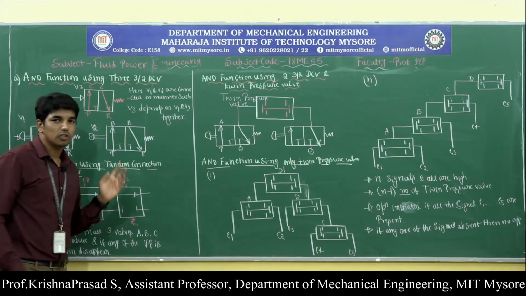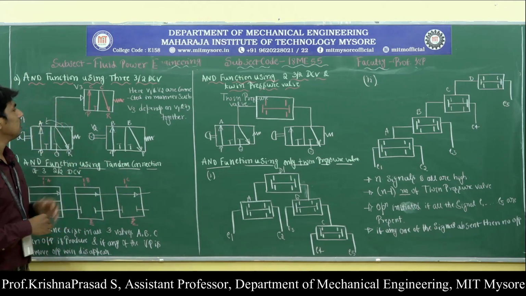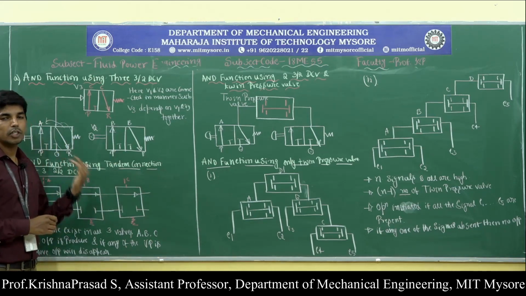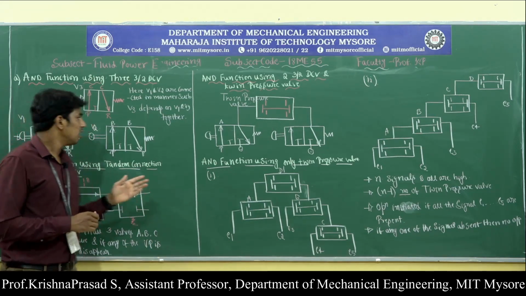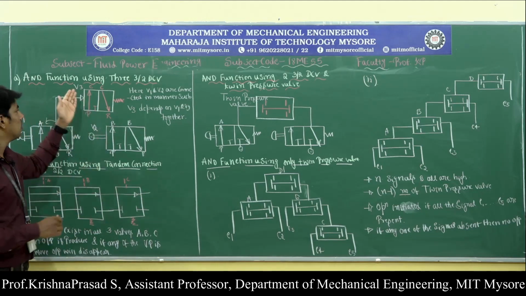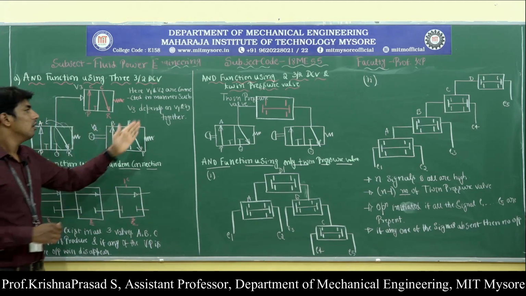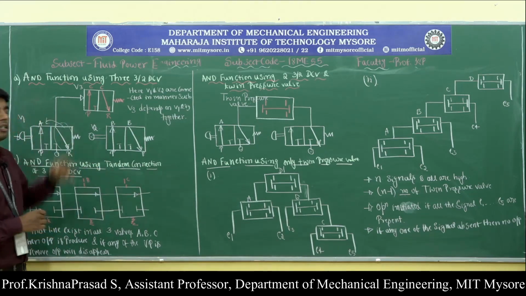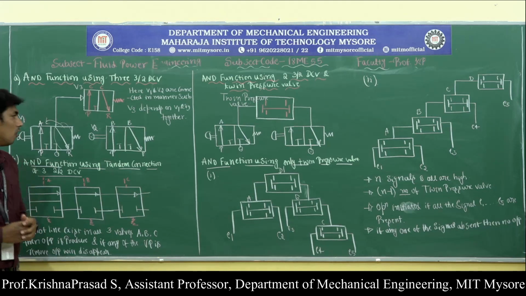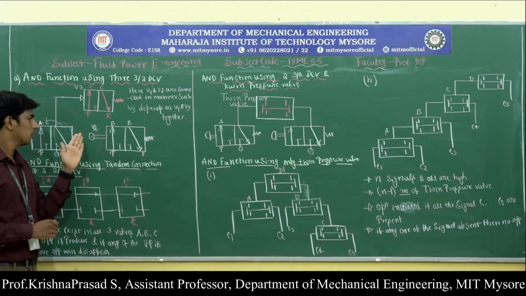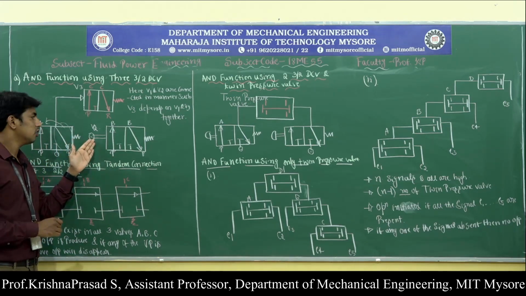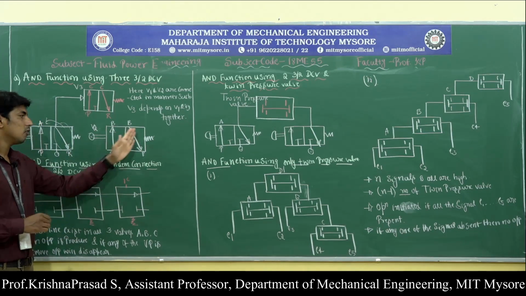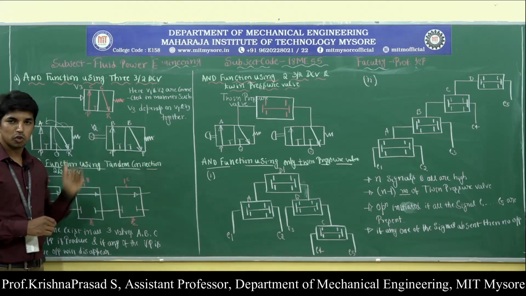In the case of the AND function using 3x2 direction control valves, the 2 direction control valves V1 and V2 are connected in such a manner that output is produced at V3 only when V1 and V2 are activated together. Otherwise there is no output at outlet port C. Now observe, if the push button is operated for valve V2, this valve changes from the normally closed condition to the normally open position.